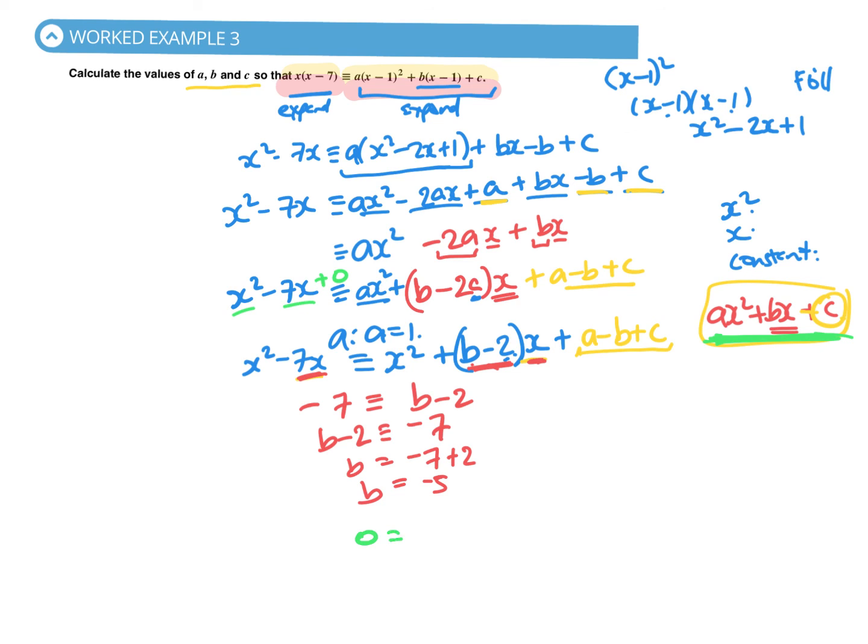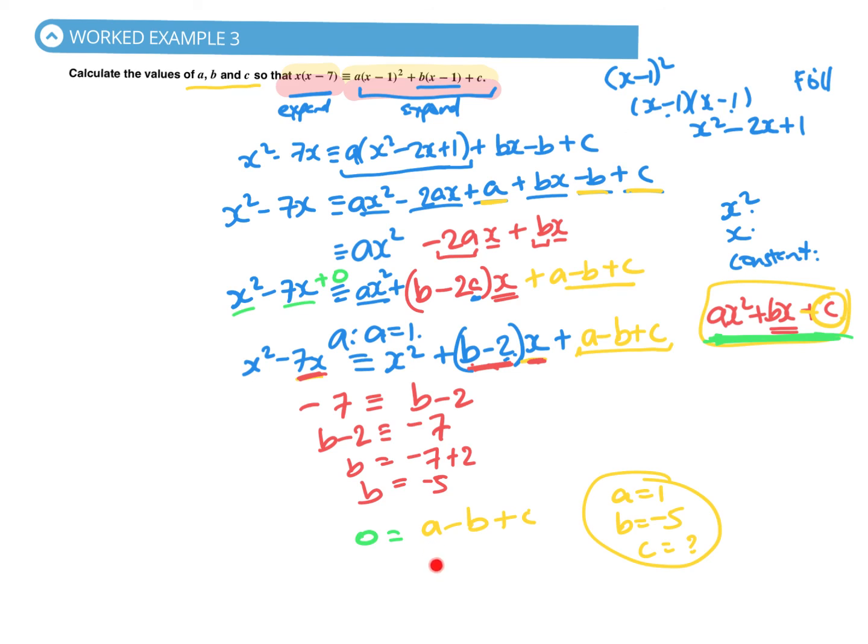So 0 is equal to all the constants on the right side, a minus b plus c. a we found as 1 and b we found to be negative 5. c we don't know, so we're just going to flush it out through this equation.